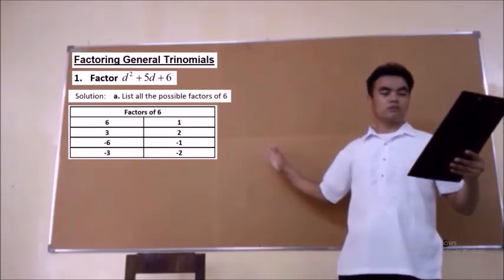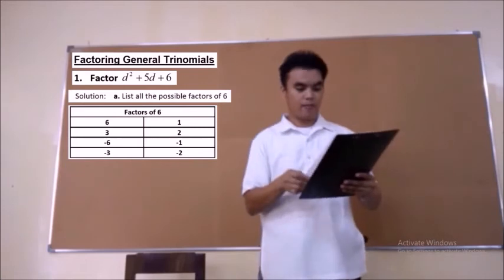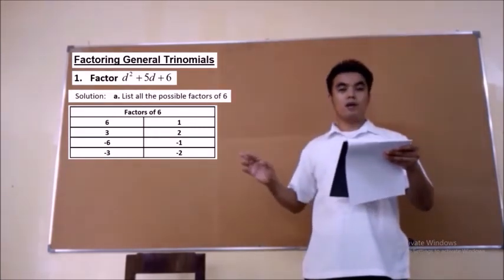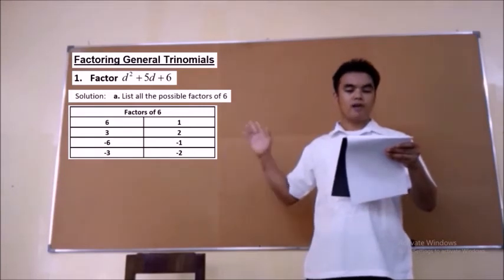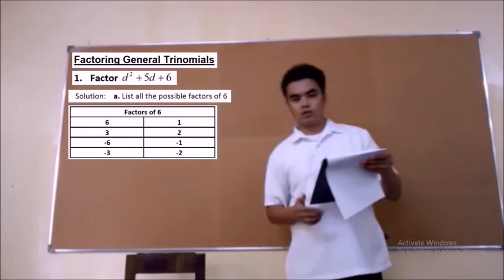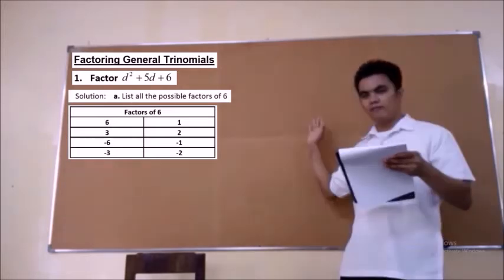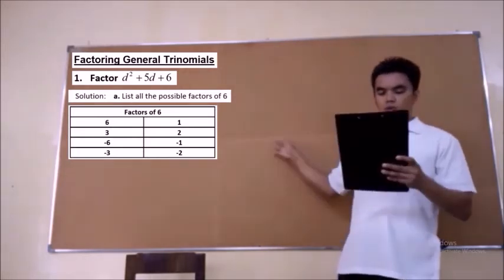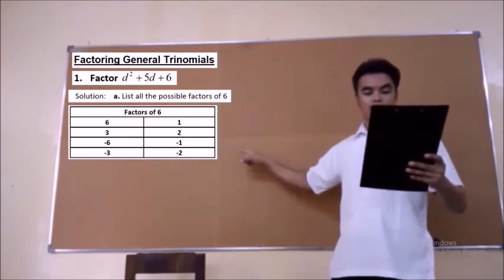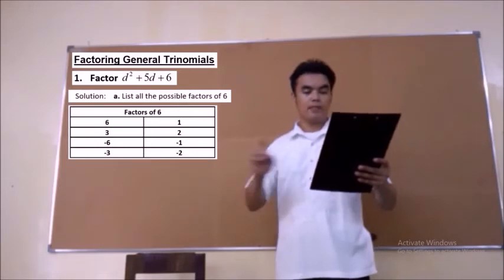So these are the factors of the last term. So next thing that we have to do is form your list of possible factors. Find the pair whose sum is 5. Ganito yan, class. From this given factors, hanapin mo ang factor na pag pinag-add mo sila, lalabas ay 5.